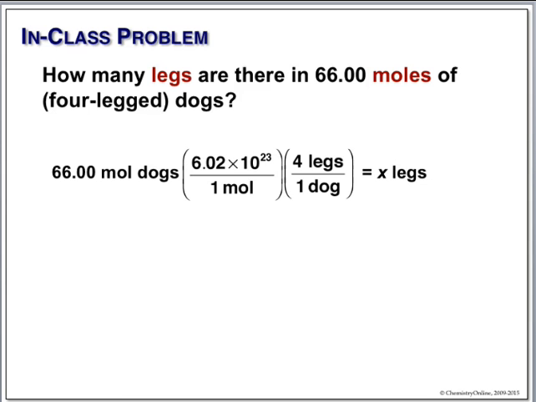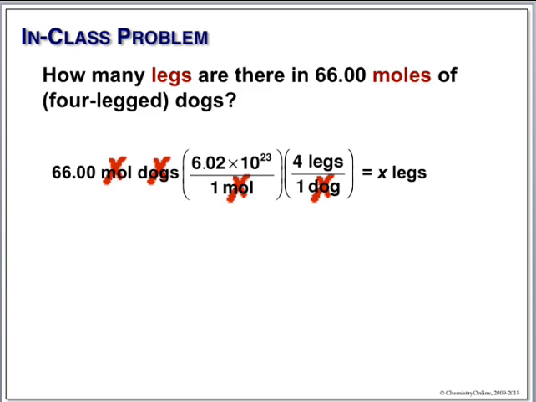They both work, okay? Again, we have 4 legs in every dog. Dogs are going to cancel, moles are going to cancel, and we're left with legs. It's just a big number, isn't it?